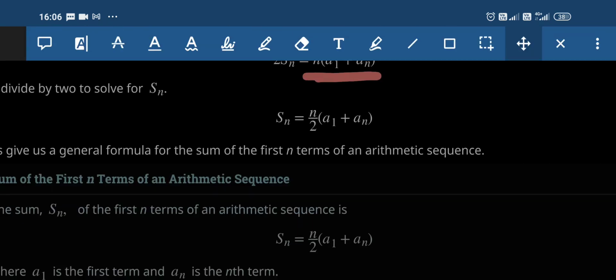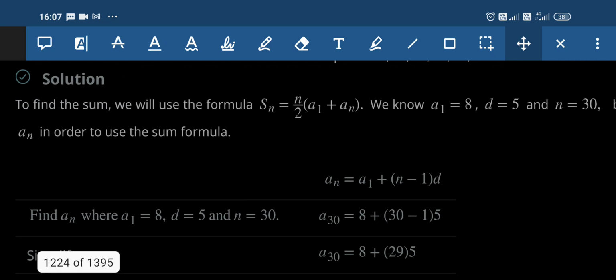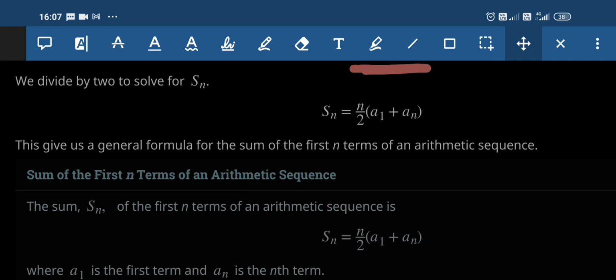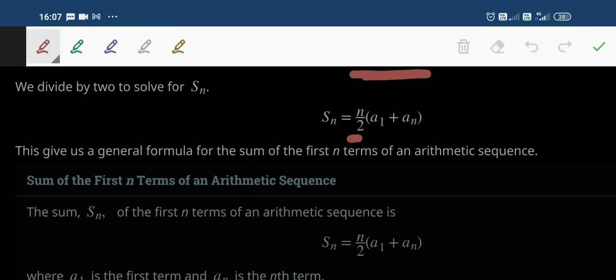Here what we have done is we have sent this 2 onto this side, so this becomes n by 2 times a1 plus an. So what is a1? a1 is the first term and an is the last term in the arithmetic progression.